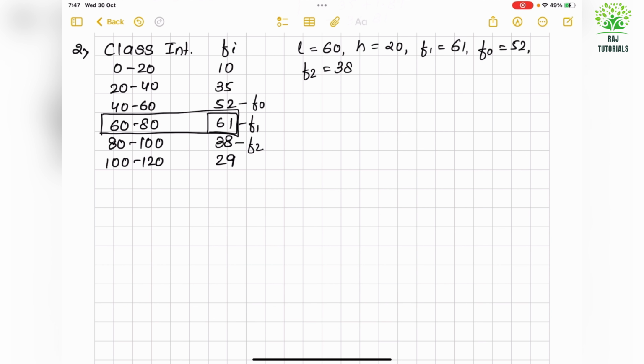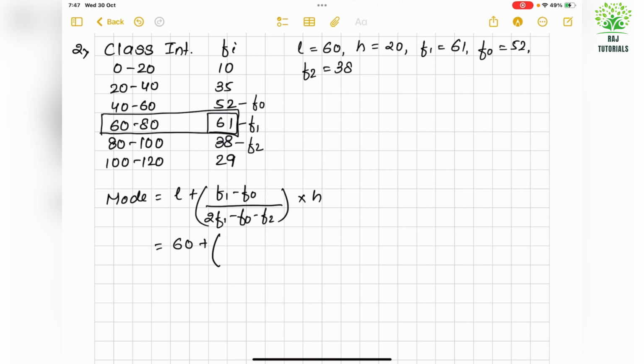So putting all the values in the formula, mode equal to L plus (F1 minus F0) upon (2 F1 minus F0 minus F2) into H. So L is 60 plus F1, F1 is 61 minus 52, upon 2 into F1, so 61 minus 52 minus 38, into 20.